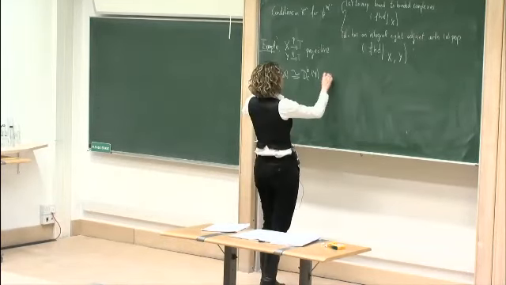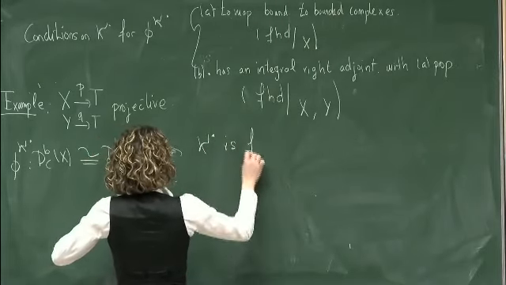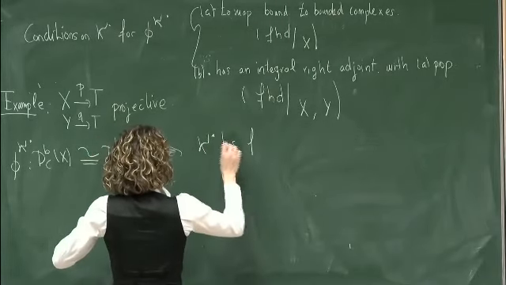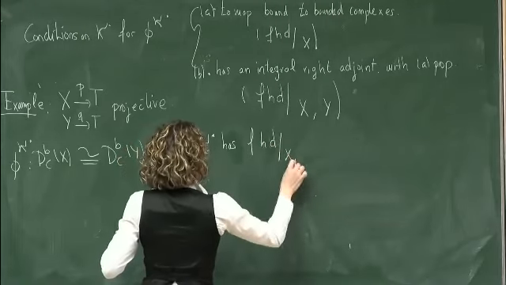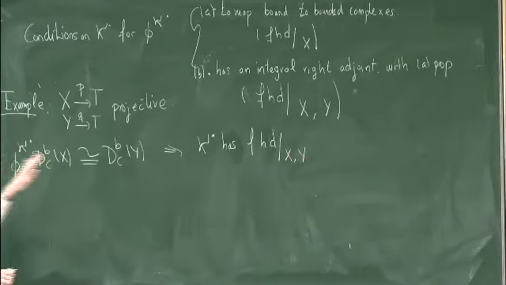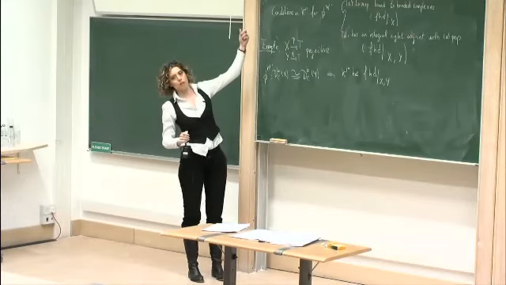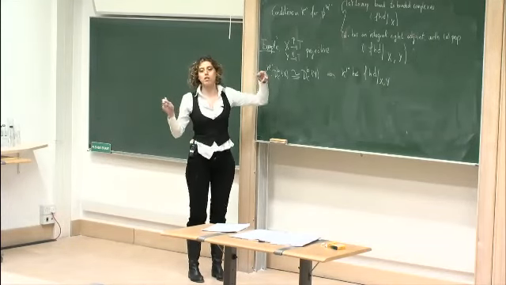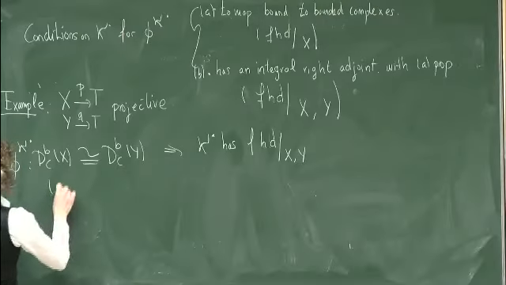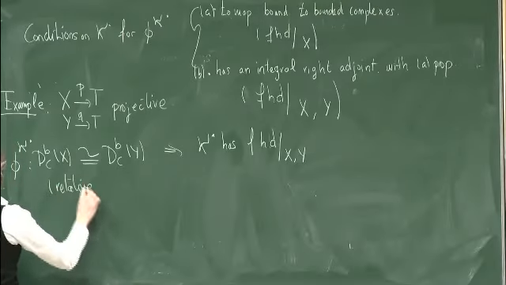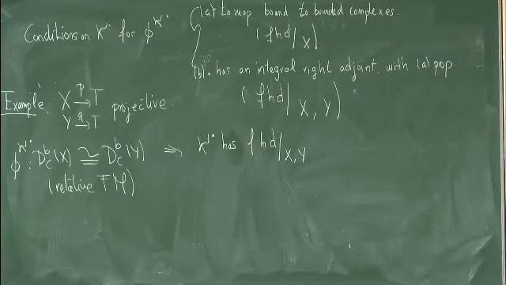So for an equivalence, everything is satisfied. K has finite homological dimension over X and Y. This is immediate from the fact of being an equivalence. By the way, those integral functors that are equivalences are what we know as Fourier-Mukai functors, relative Fourier-Mukai functors. Relative FM is just that it is an equivalence. Okay?